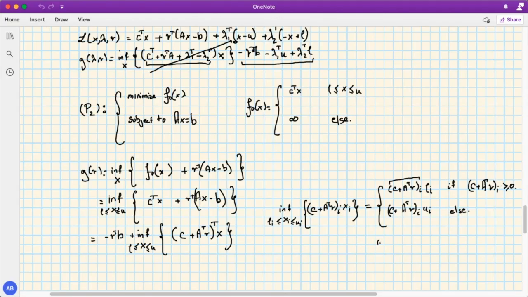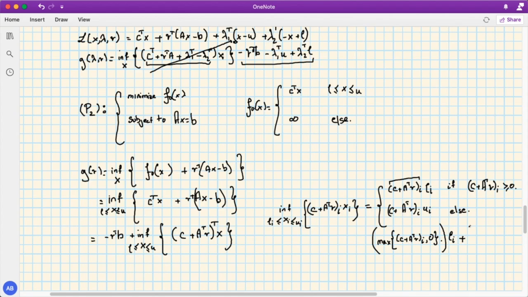So max of c plus A transpose nu_i and 0 multiplied by li, that's the first term. Now if it is lower, it is 0, and hence this term is gone, right?